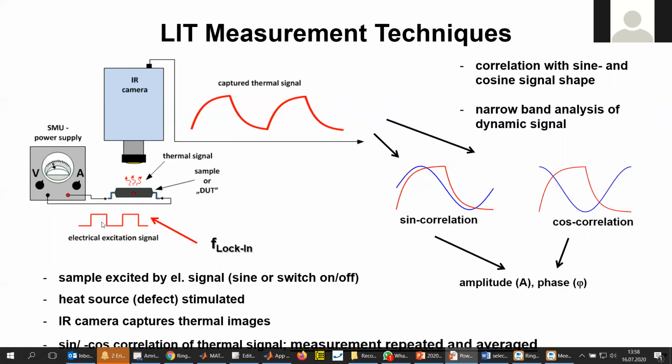For each cycle, a number of thermograms are recorded, and then at each pixel we do a correlation with the excitation function, or with a sine that is in phase with the excitation function, and that allows us to compute an amplitude and phase.